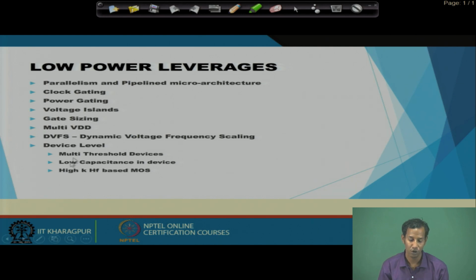If we can reduce the power at the device level, we can achieve the power consumption advantage in a bigger way than doing it at the top level, which is system level optimization for power. Multi-VDD and gate sizing are circuit level power reduction techniques, whereas parallelism, pipelining and clock gating are system level power reduction techniques that we can apply.